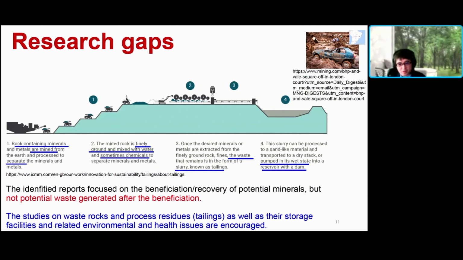This schematic explains the series of events in mining operations, starting from ore excavation, followed by mineral processing to separate the valuable minerals, separating and rejecting the non-valuable minerals. Those non-valuable minerals are stored in the storage dam, the so-called tailings dam.